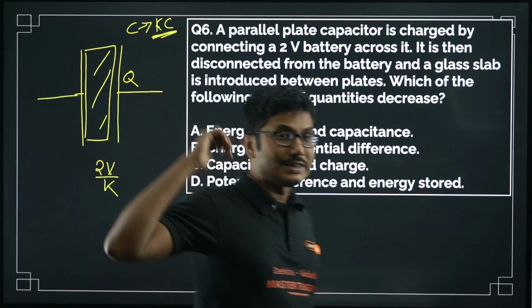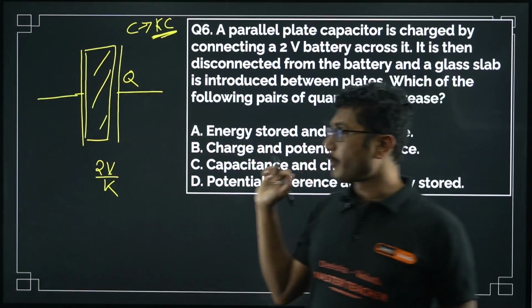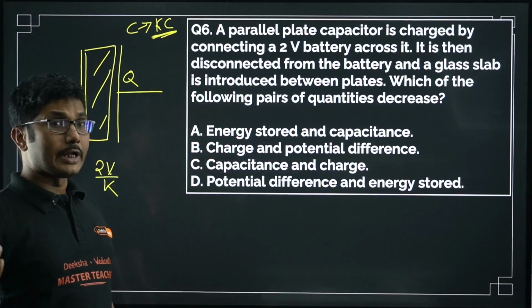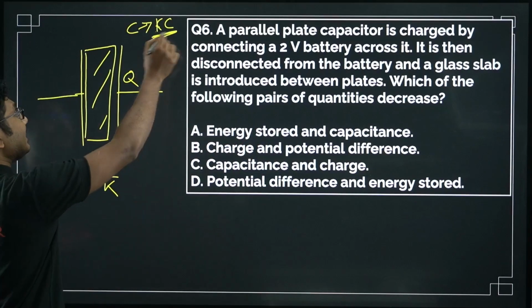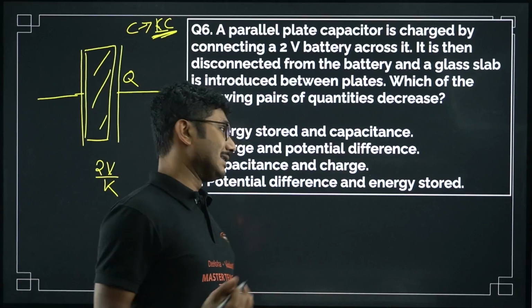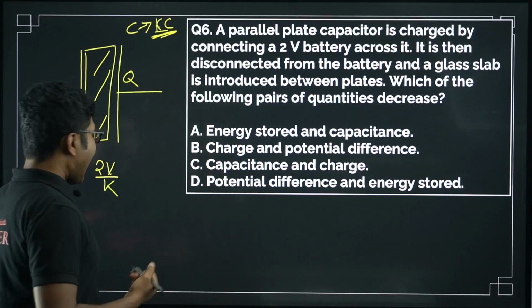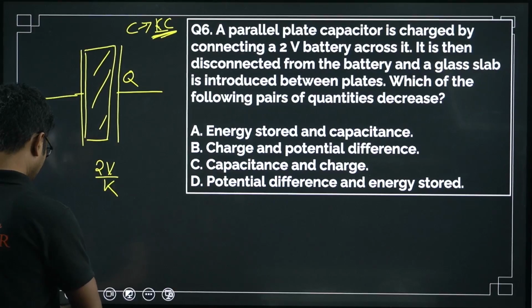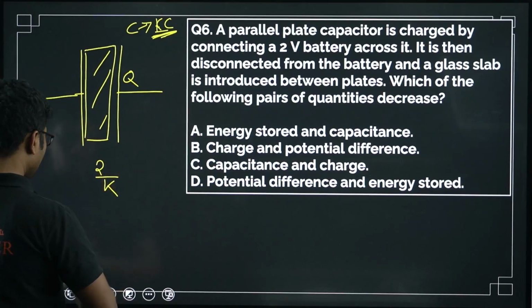We have seen a similar question in problem number 2 or 3. In that case, capacitance was decreased, so voltage increased. In this case, capacitance increases, so voltage has to decrease. So voltage will definitely decrease. And voltage decreasing means the energy stored will also decrease.